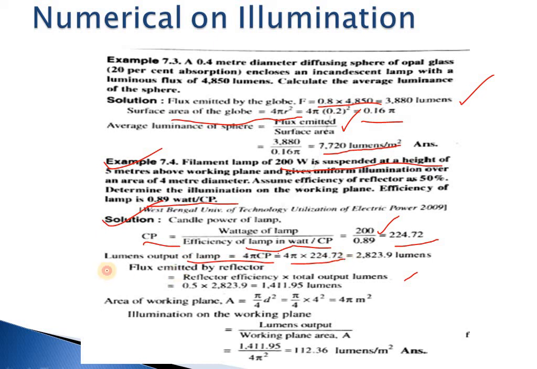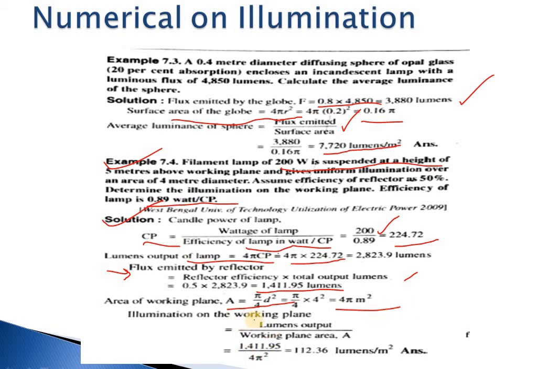Now the flux emitted per reflector will be the reflector efficiency into the total output lumens. So it is ultimately 1411.95 lumens. And the area of the working plane A equals pi d square by 4. So it will be 4 pi meter square.